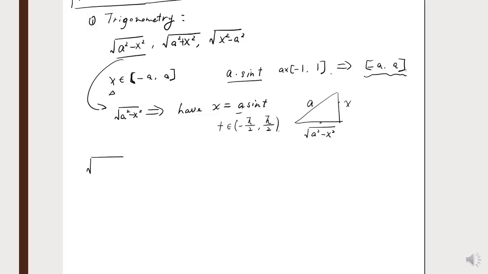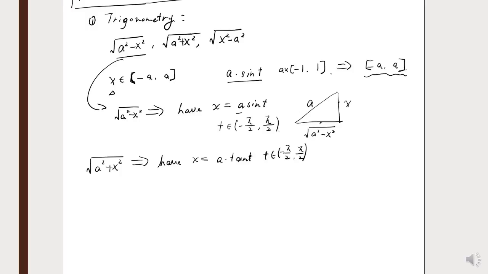Okay, so similarly, we can substitute this one, the square root of a squared plus x squared. So we can have x equals a times tan t. This time we can also have t belongs to the range minus pi over 2 to positive pi over 2.